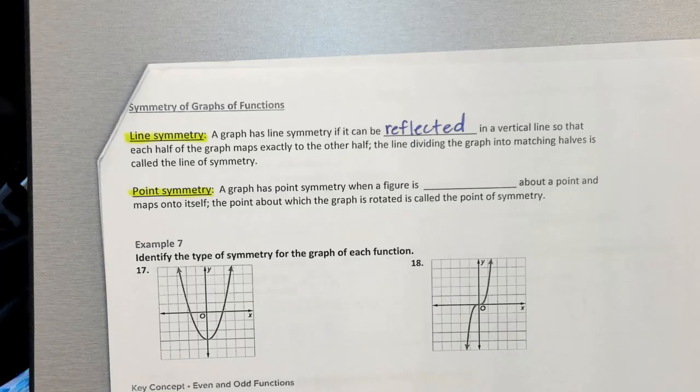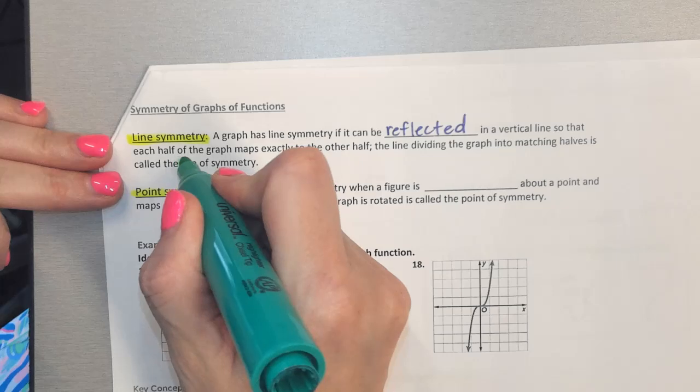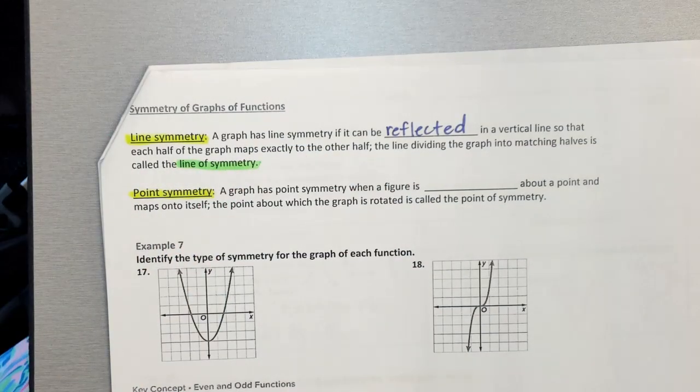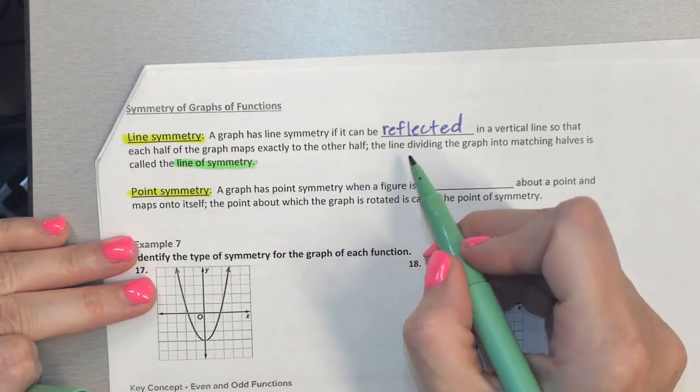That means if you fold it over, it's the same on both sides. The line that divides it is called the line of symmetry. Nod your head if that's something you remember doing last year in geometry.